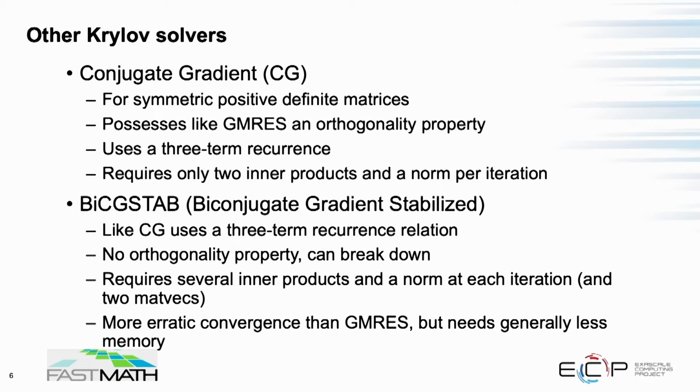So when it works, it usually works really well. However, it can break down in some cases. So GMRES tends to be more robust overall, but BiCGSTAB is less expensive. So those are some of our Krylov methods that we have implemented in the HYPRE library.